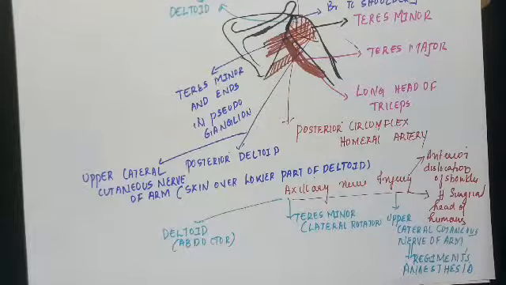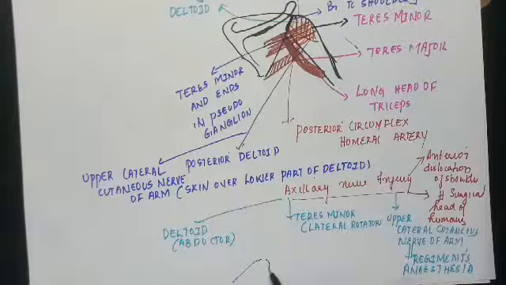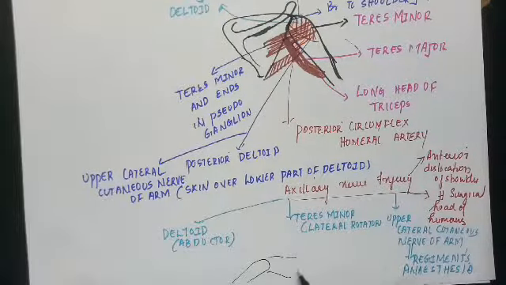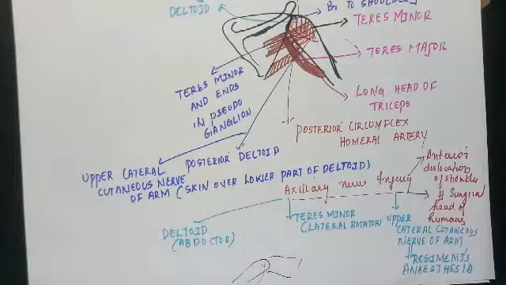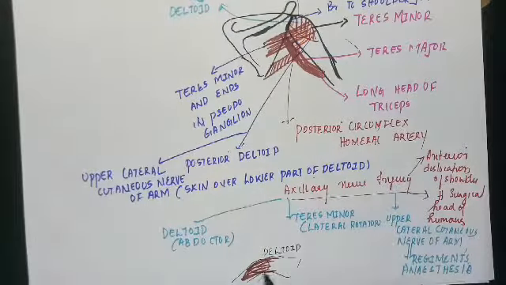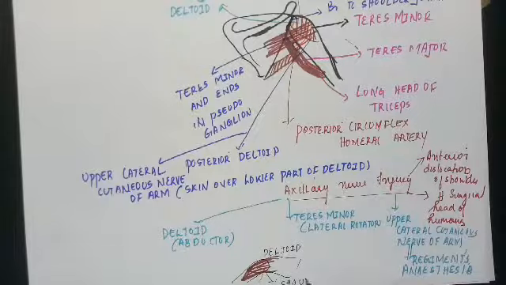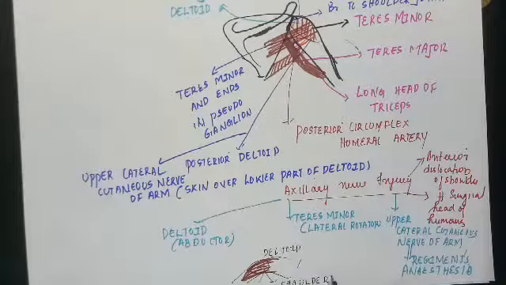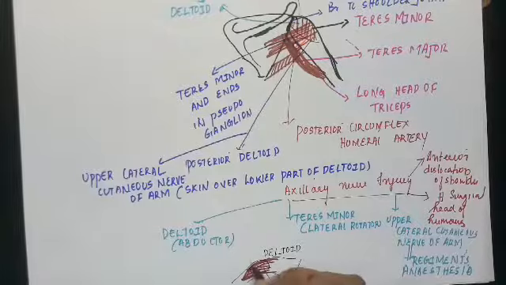One thing about the axillary nerve is that it supplies the shoulder joint, and it supplies the muscle which is lying over the shoulder joint, which is the deltoid, and the skin near that joint.